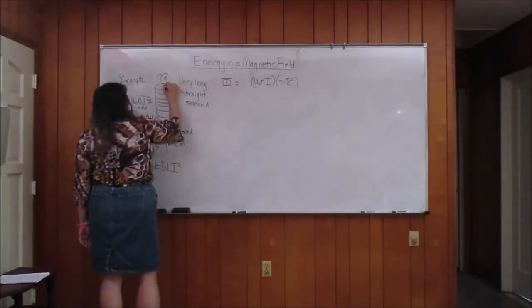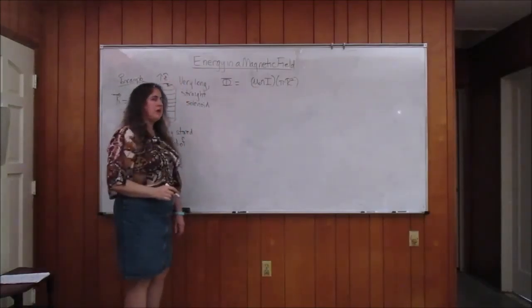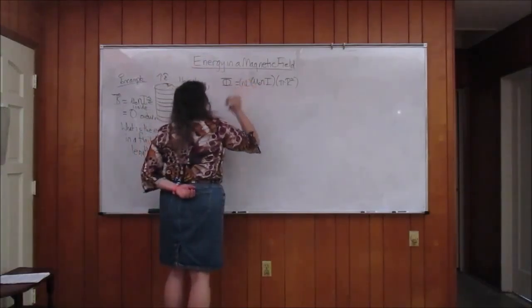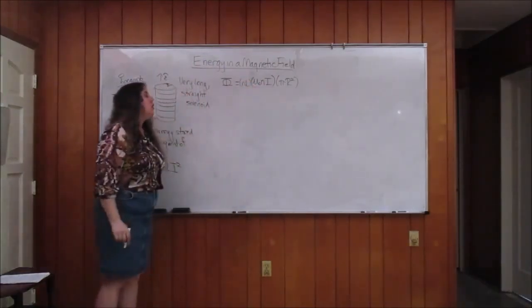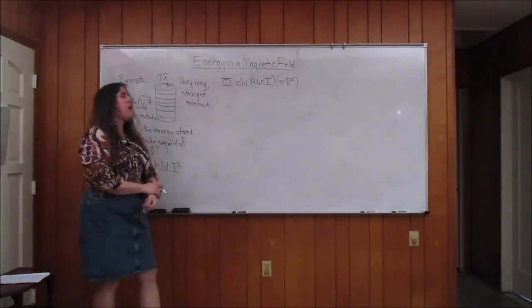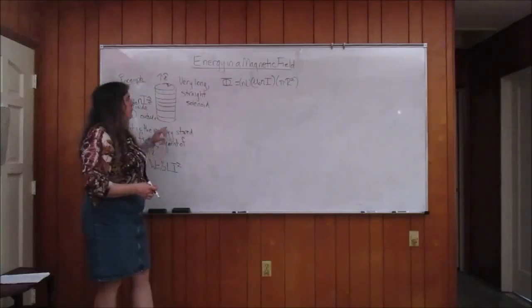So we'll assume that this solenoid has radius r, and then we're interested in a certain segment of length L. Well, the number of turns per unit length times length L is the number of turns in that particular segment.